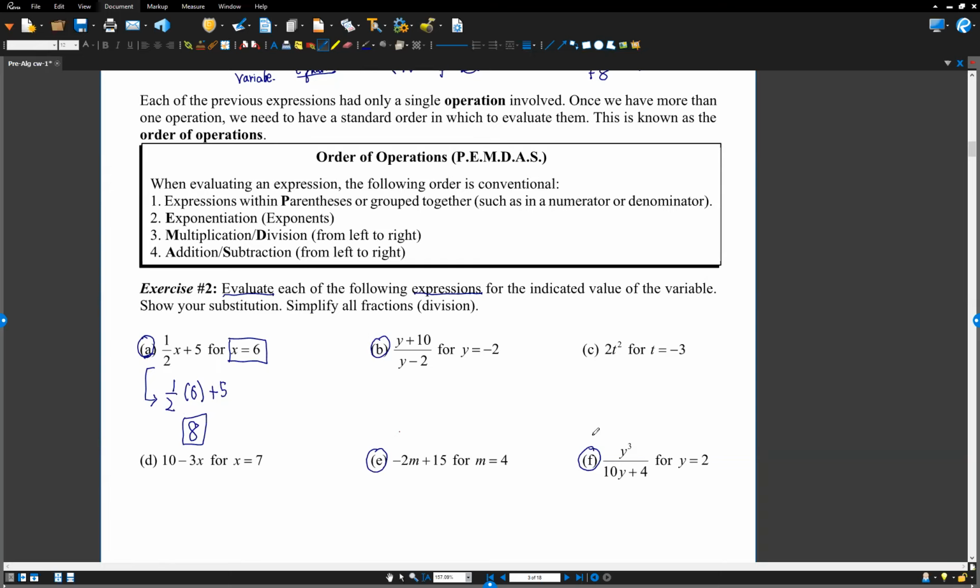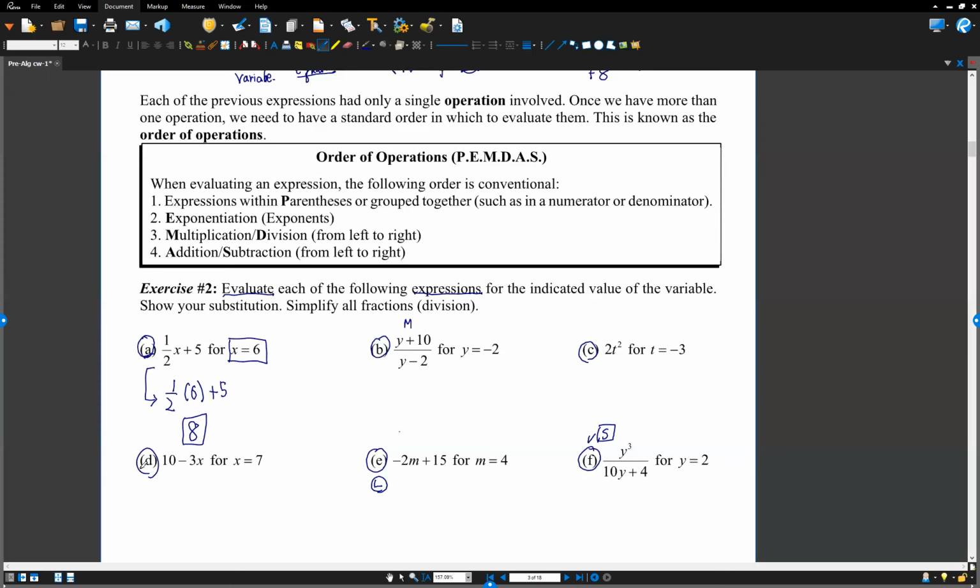Okay, Sydney, try number F. Louis, try one more, number A. I did A and B too. Okay, all right, good. We try everything, okay? That is not a big deal, because the more practice, the better.